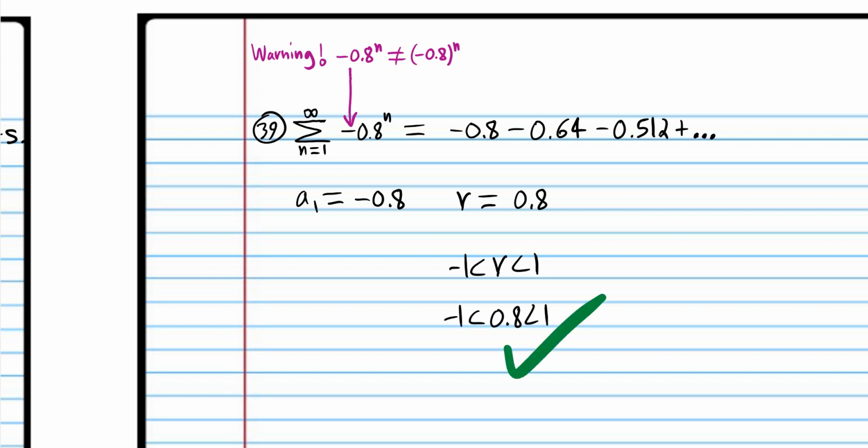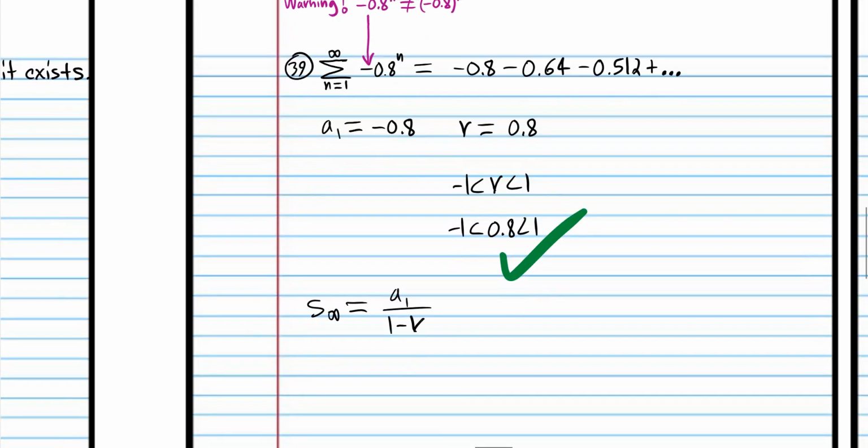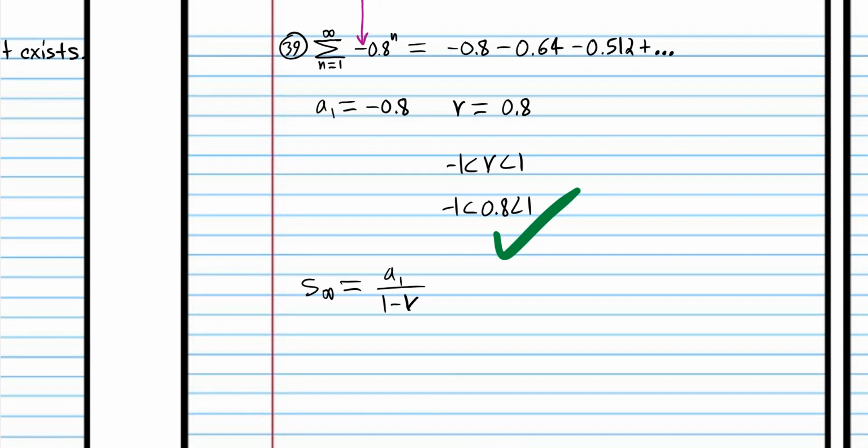So it checks out. We can find the sum. The sum does exist. So the sum of all the infinite number of terms is equal to the first term over 1 minus the common ratio. That's the formula that we learned.